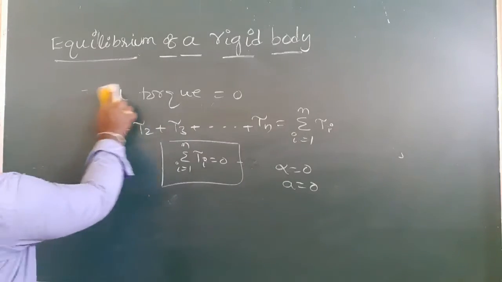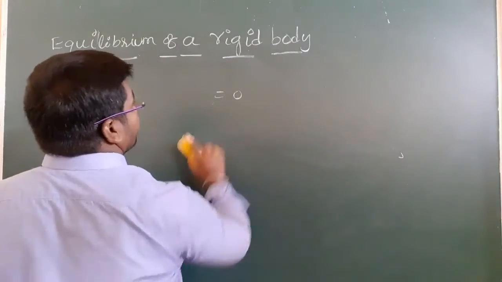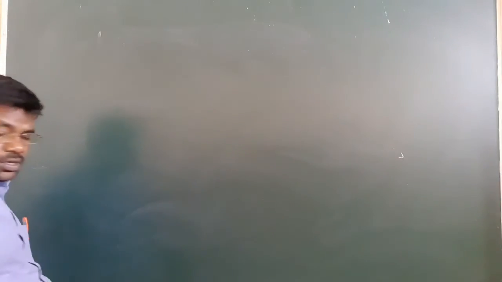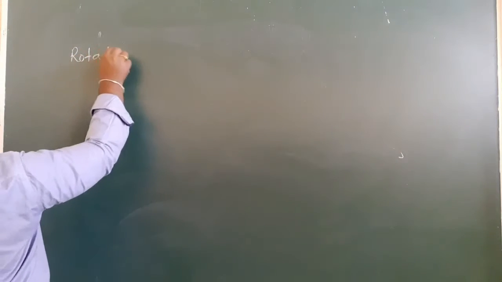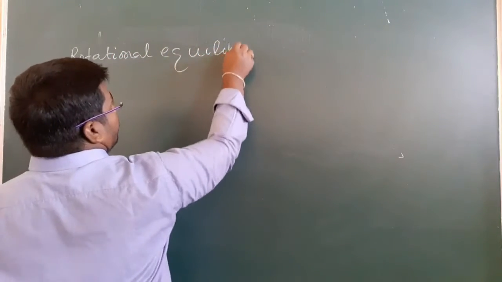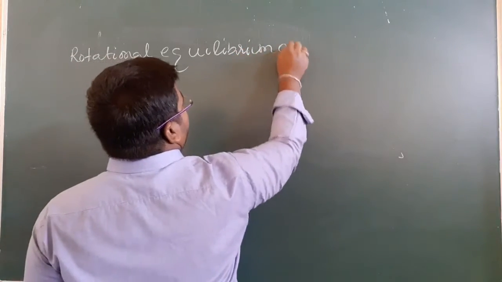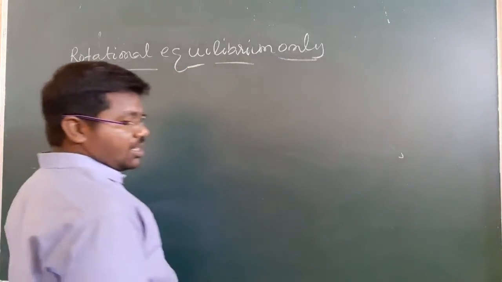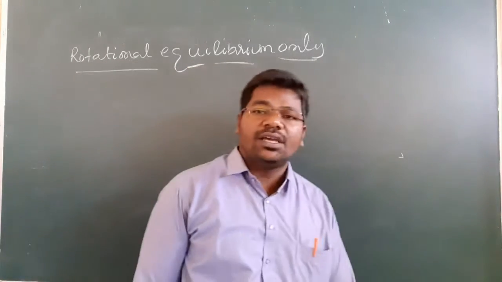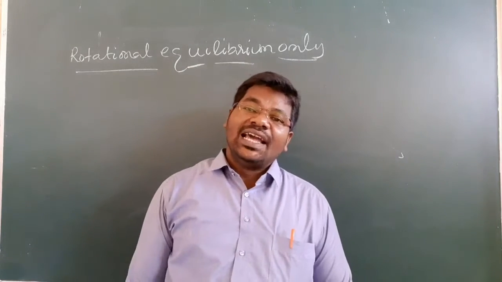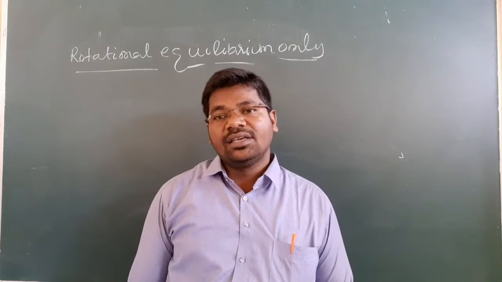So coming to rotational equilibrium only. Next one, rotational equilibrium only. When a body is said to be in rotational equilibrium, it means only the net torque acting on the body is zero.